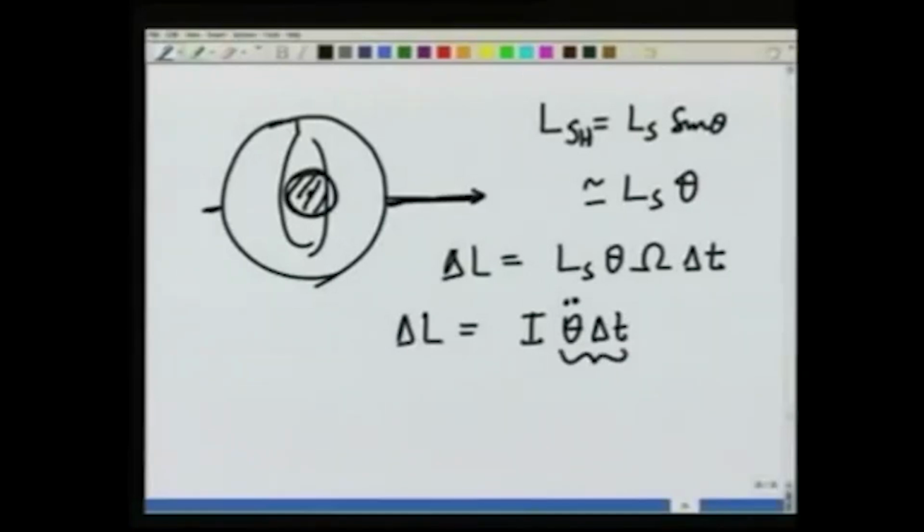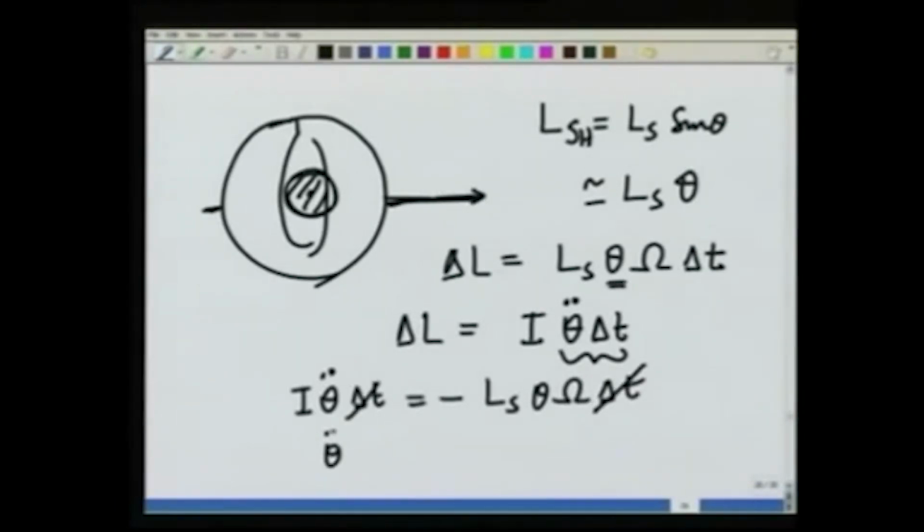This is I omega in the direction opposite to theta, and therefore I should have I theta double dot delta t is equal to minus Ls theta omega delta t. This cancels and I get an equation for theta. Theta double dot plus Ls omega over I theta is equal to 0.